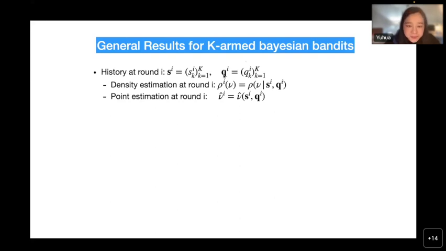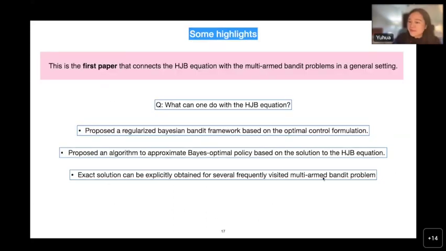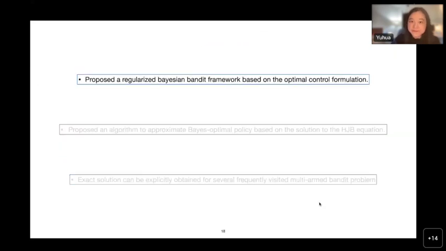For the density estimation, assuming that at each round i, we have a density estimation, rho i, or point estimation, mu i. For several frequently visited multi-arm problems, the exact solution actually exists and can be explicitly obtained for this HJB equation.